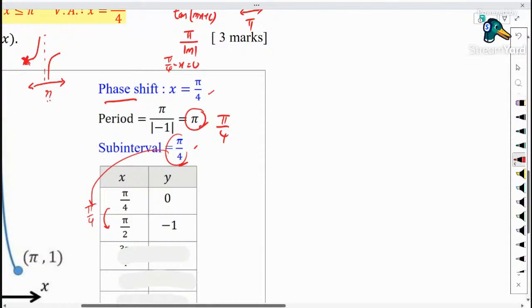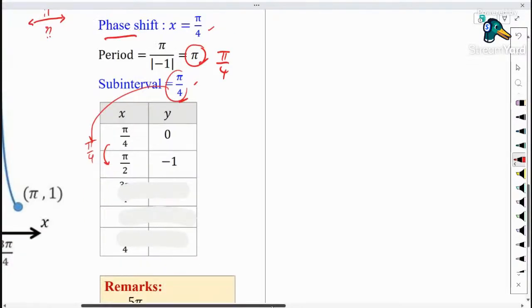The corresponding y is -1. Continue. Again, plus pi over 4, I have 3 pi over 4, which is actually the vertical asymptote. In the calculator you find an error here, because it's a vertical asymptote, it's undefined. Proceed further for the rest of the x values and the corresponding y.